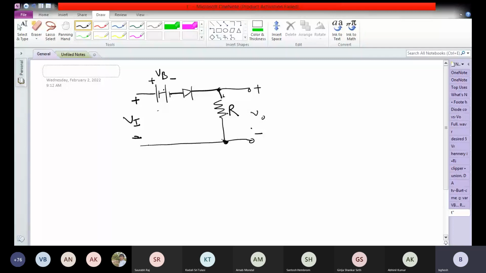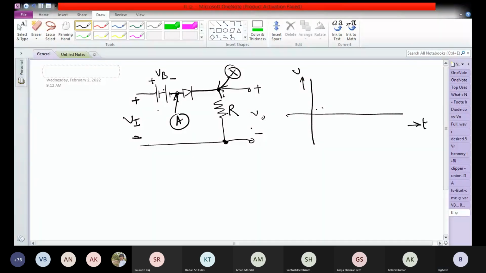So again, the same thing. The diode, the voltage source is in series. So you plot the voltage at point A. This is my original waveform.